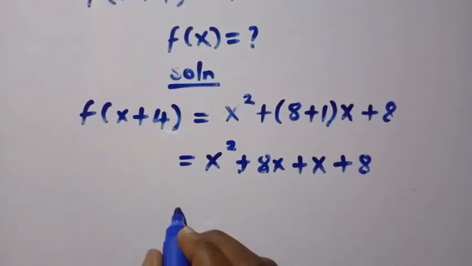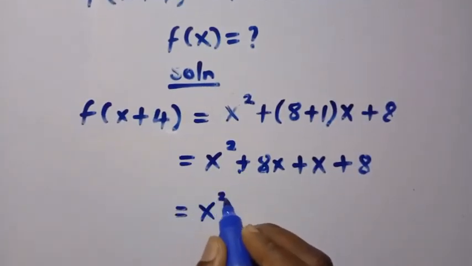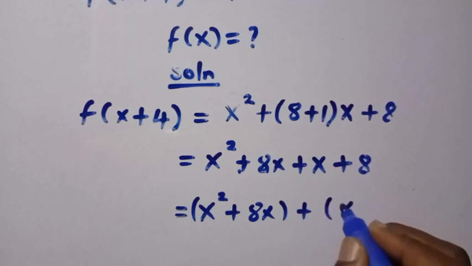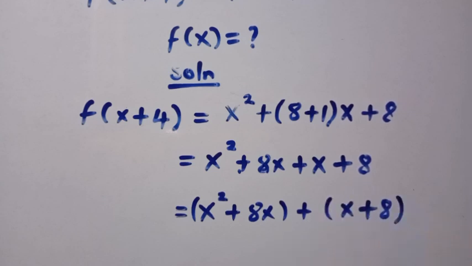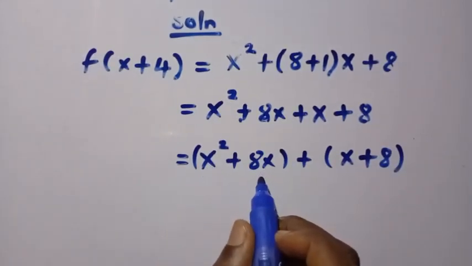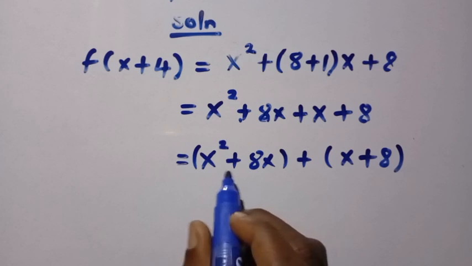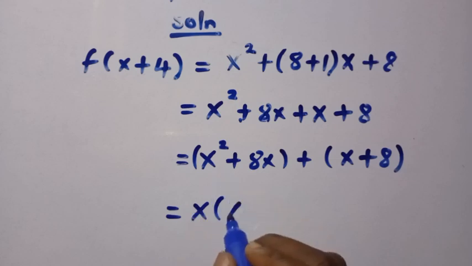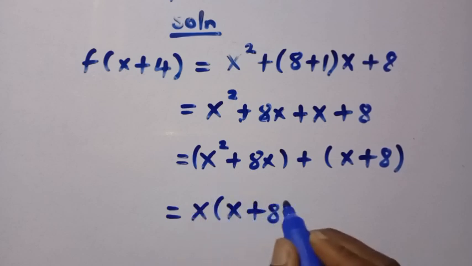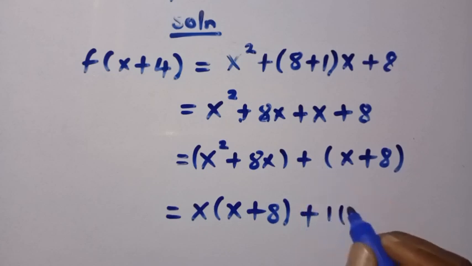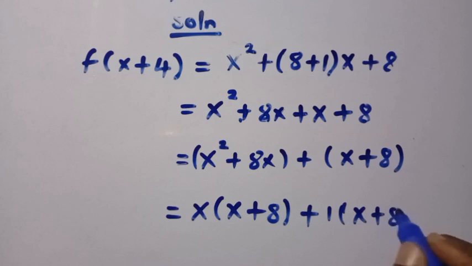Then we have x squared plus 8x, and what is common to them is x. We have to factor out x here. So by taking out x, we have x, bracket x plus 8, plus also in this bracket we have 1, bracket x plus 8.